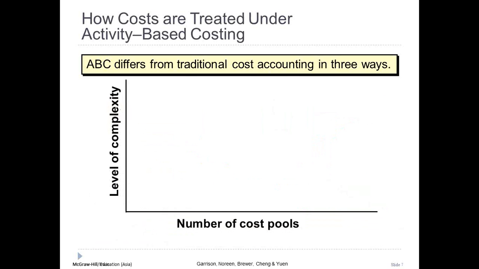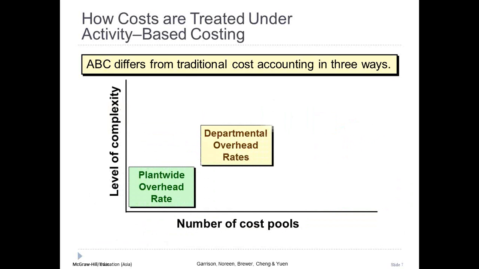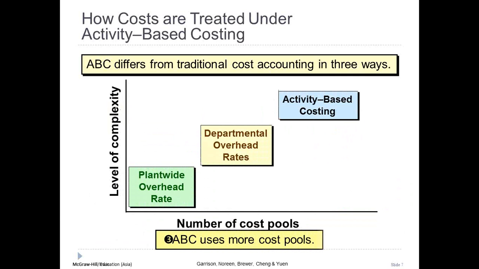The third major difference between ABC and traditional cost accounting is that numerous overhead cost pools are used, each of which is allocated to products and other cost objects using its own unique measure of activity. ABC cost pools are created to correspond to the activities performed in an organization that cause the consumption of overhead resources.